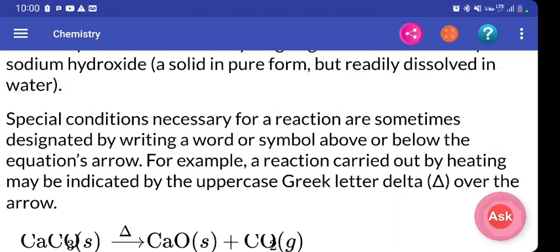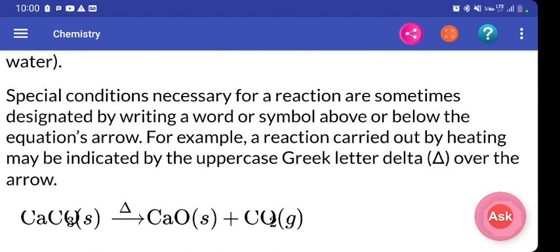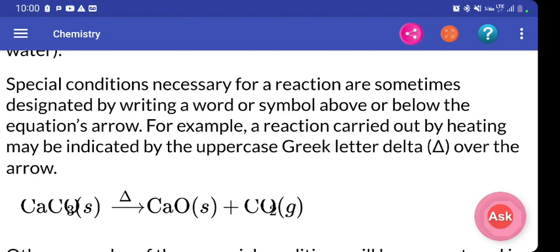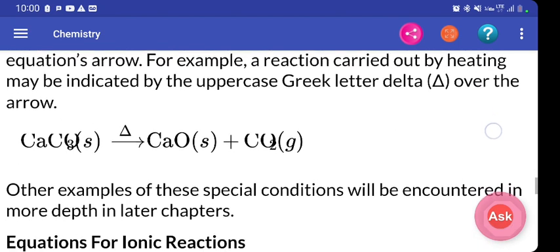Special conditions necessary for the reactions are sometimes designated by writing a word or symbol above or below the equation arrow. For example, a reaction carried out by heating may be indicated by the uppercase Greek letter delta over the arrow.